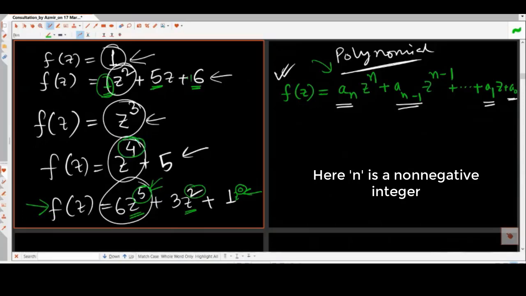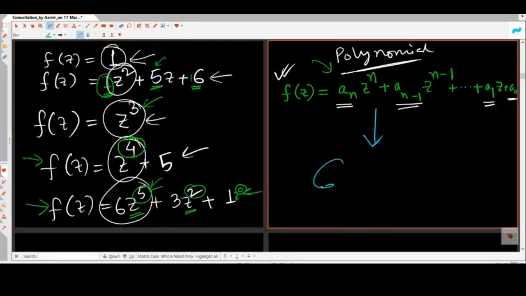Depending on the highest power of z, we call what is the function. That means it is 4th degree polynomial function. It is 3rd degree polynomial function. It is 2nd degree polynomial function. So the main concept is any polynomial function is an entire function. That means it is analytic in the complex plane.